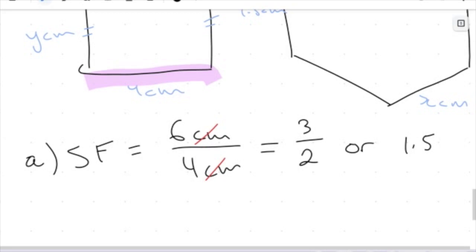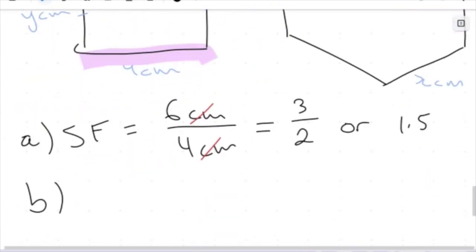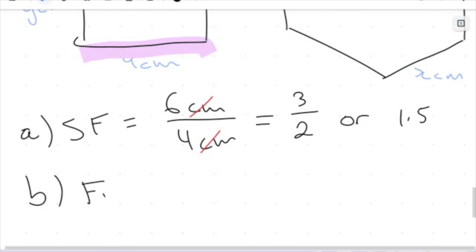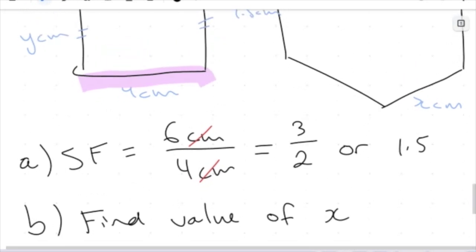So now that we've found the scale factor, we can apply this to finding some of these unknown lengths. So here we want to find, in part B, the value of x. So this guy over here.